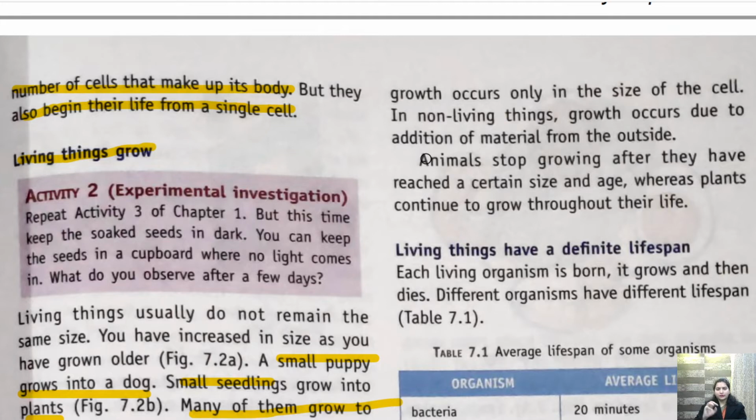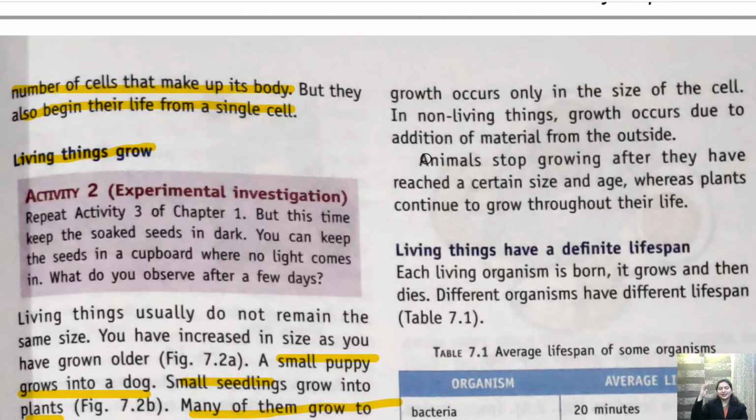But we know that at a certain age or at a certain time, animal growth stops. Isn't it? The height stops. Plants की तरह animals की height एक पर्टिकुलर टाइम के बाद रुक जाती है. ह्यूमंस की हाइट एक पर्टिकुलर टाइम तक रुक जाती है. ऐसा नहीं होता कि हम बढ़ते ही चले जाते हैं. ऐसा नहीं होता है ना.